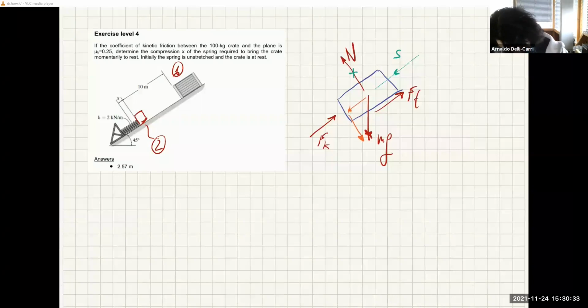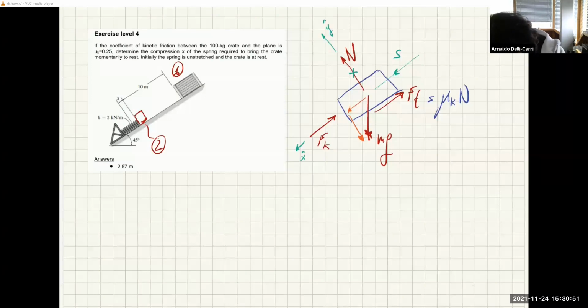Okay, so in this case, we need to find ff. Remember, ff is also equal to mu k times n, so we need to find n first. So let's take the x, y axis, this is the y axis, this is the x axis.